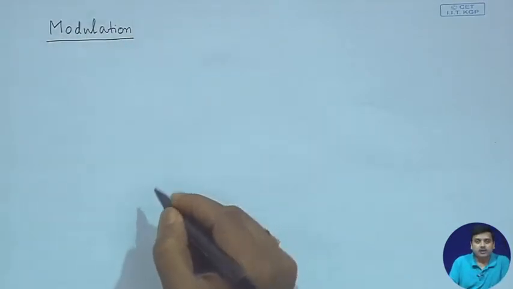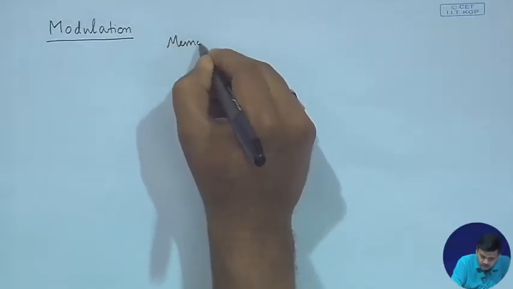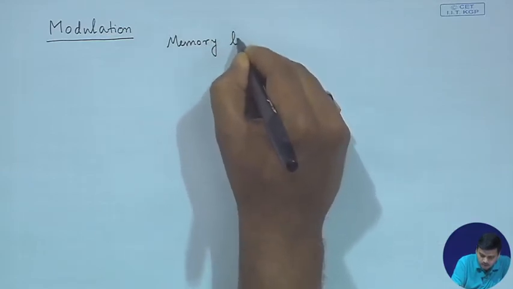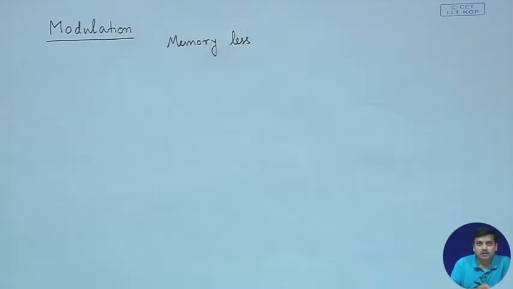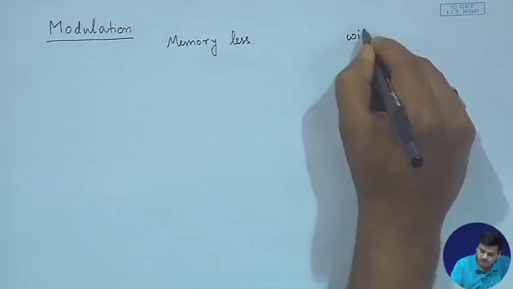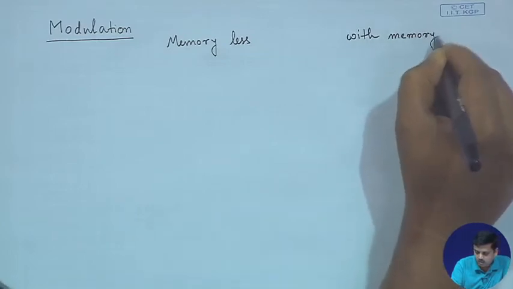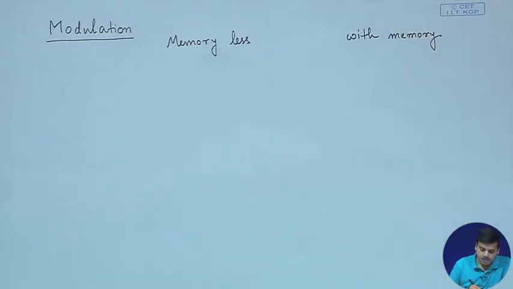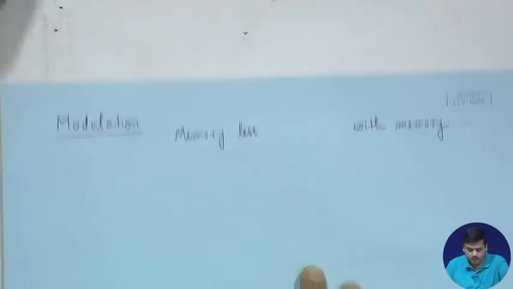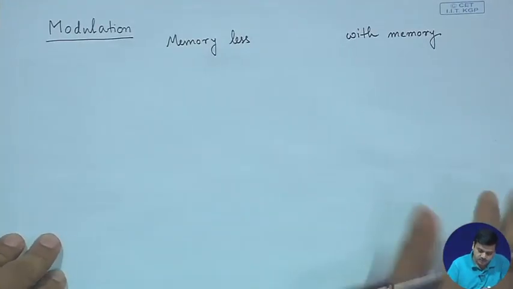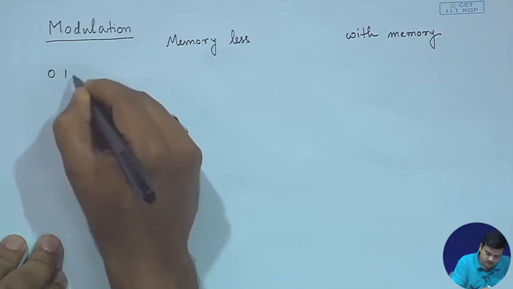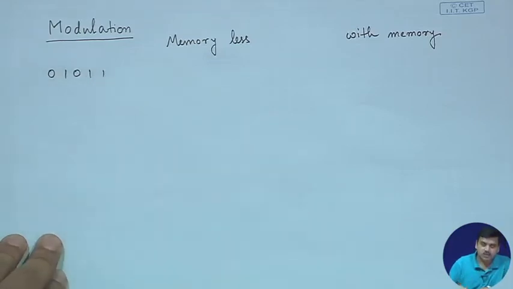it can be classified in various ways. So, one of the ways would be memoryless modulation, and naturally the other counterpart would be with memory, right. So, when we say memoryless, what we mean is that suppose I have a sequence of zeros and ones, right.